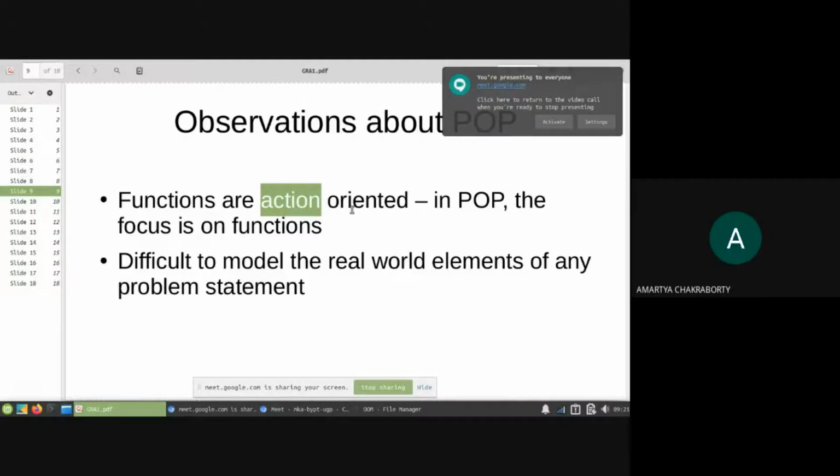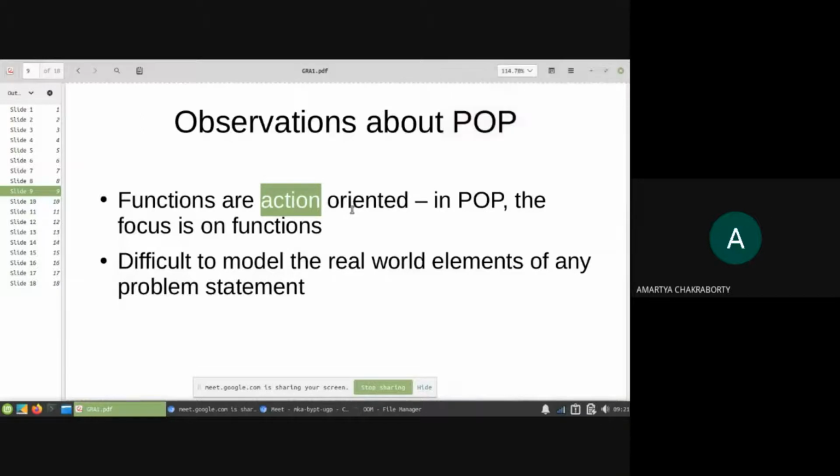So there is a particular function which can add two numbers, a particular function can calculate the simple interest, a particular function can calculate the compound interest, and so on, right? So functions are always action oriented. And in procedure-oriented programming, the focus is on functions, which you can easily understand from the name itself, because the name contains the word procedure, right?